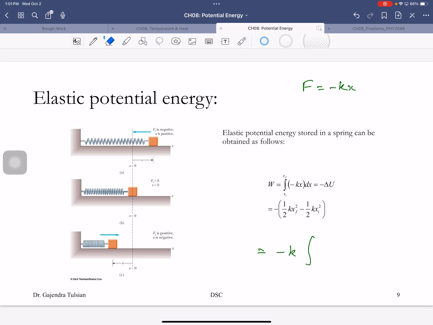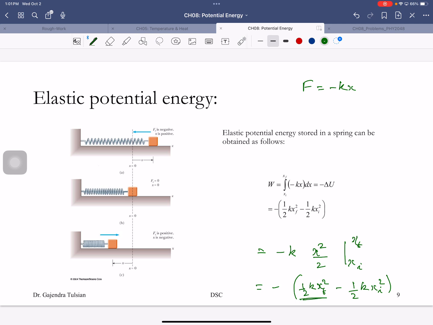Integral of x is x squared by 2. x initial to x final. So minus 1/2 k x final squared minus 1/2 k x initial squared. Okay, so there's your potential energy function.